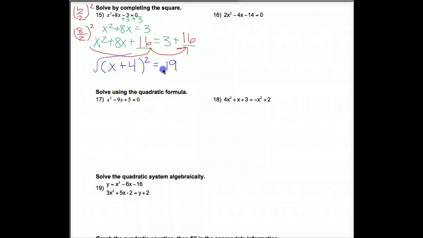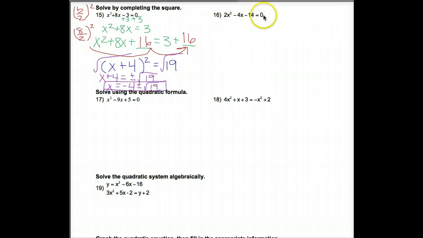So square root gives me x plus 4 equals plus or minus radical 19. Radical 19 doesn't come out evenly and it doesn't simplify. So the only thing left to do is to subtract the 4 here. So that gives me x equals negative 4 plus or minus radical 19.